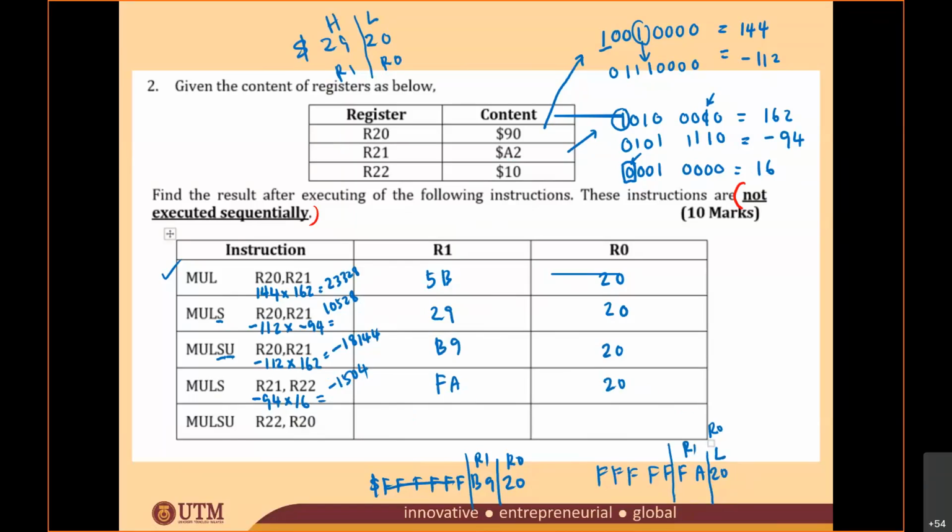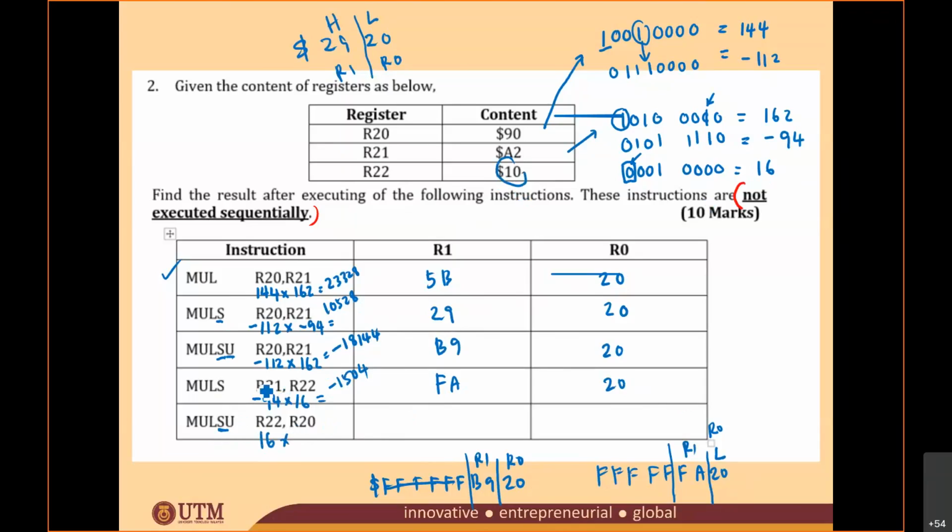And last but not least, MULSU R22, R20. R22 will be your signed number, which is 16. Since it is a positive number, this is 16 multiplied with R20.